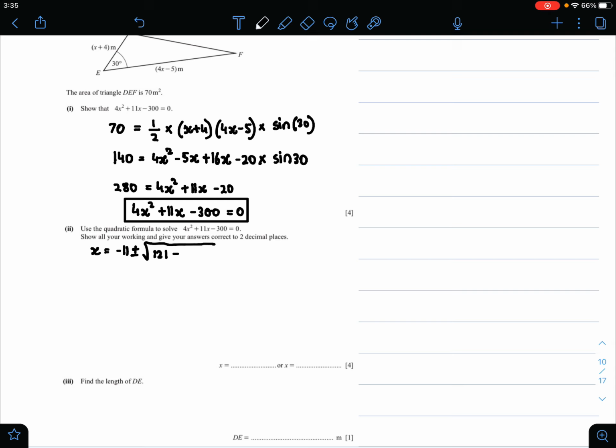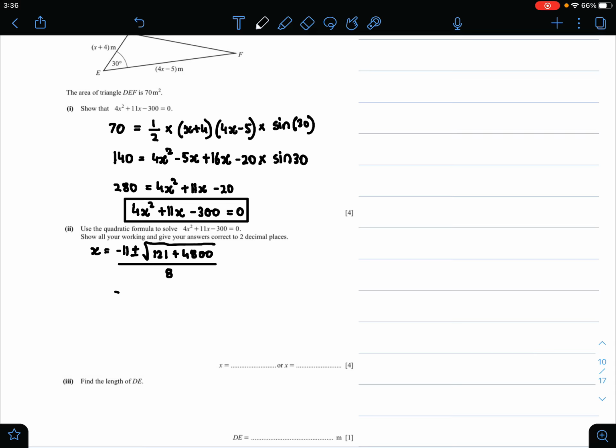So 4 multiplied by a, which is 4, multiplied by c, which is negative 300. So negative of negative 4800 will be positive 4800, divided by 2a. 2a in this case is 2 multiplied by 4, which is 8.